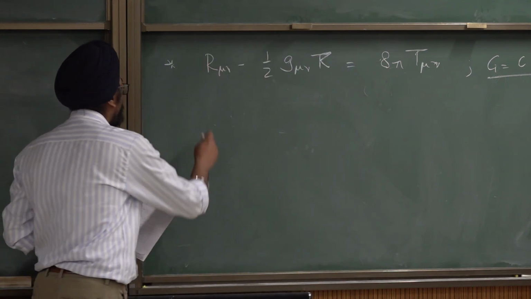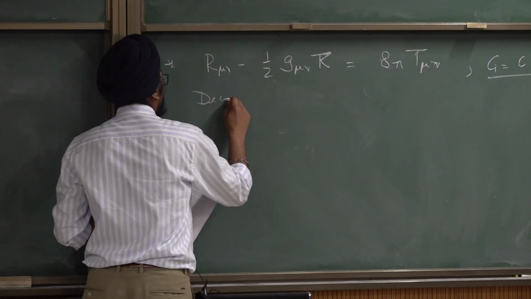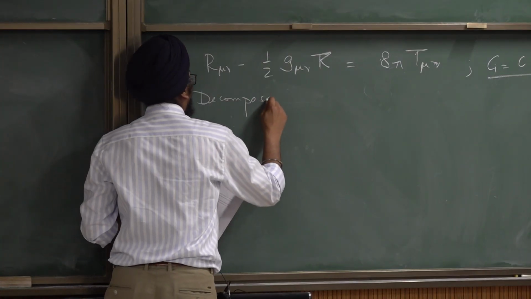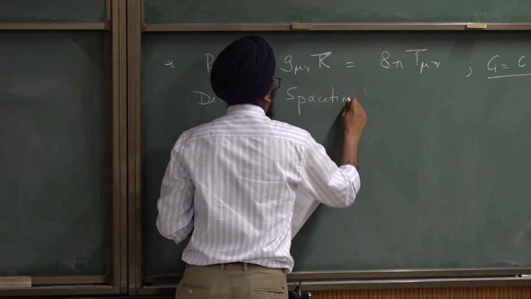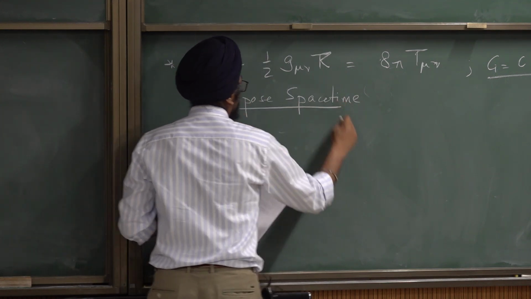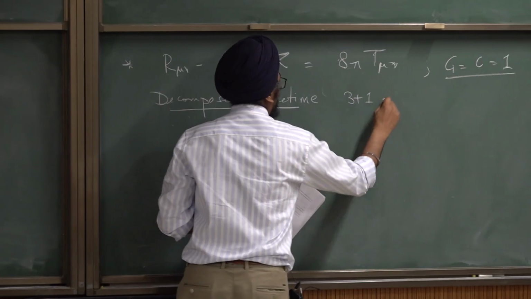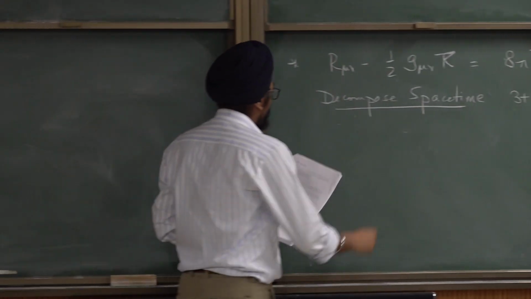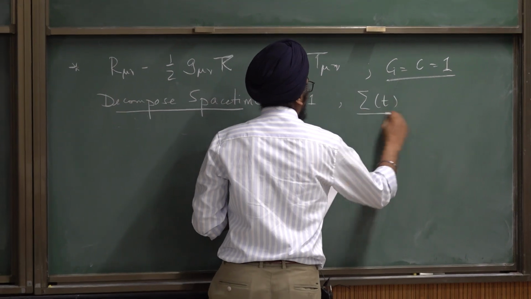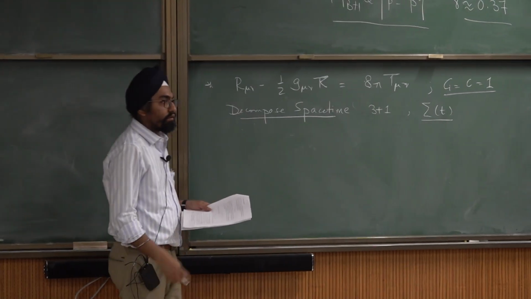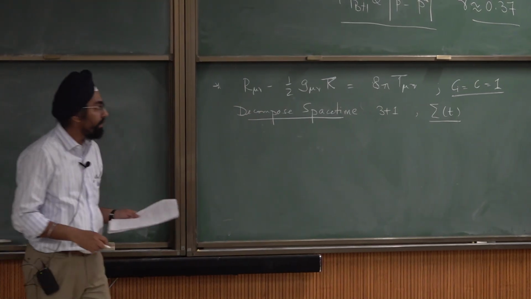We usually decompose our space time. This is the 3 plus 1 decomposition. Then your slices are given by t equal to constant surfaces. That gives you a foliation.